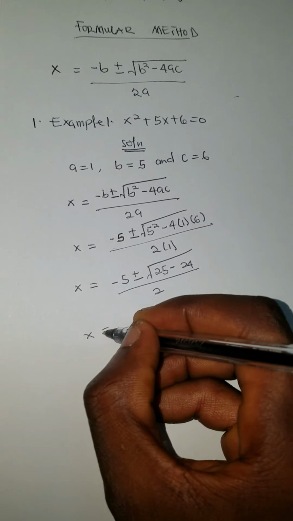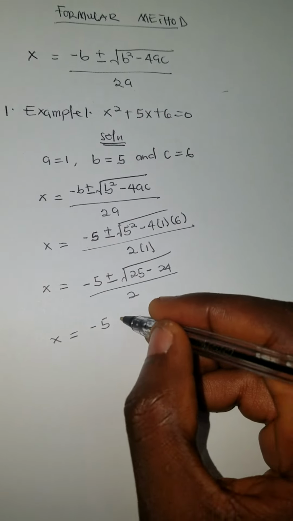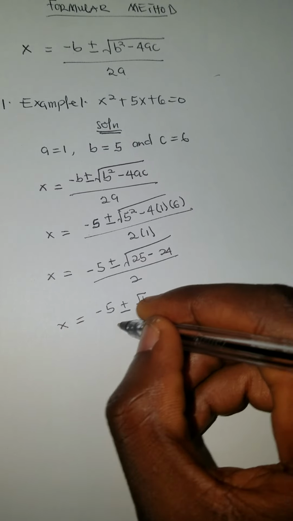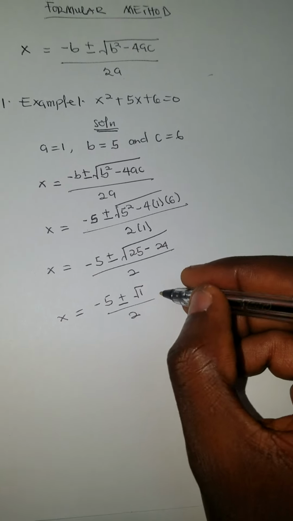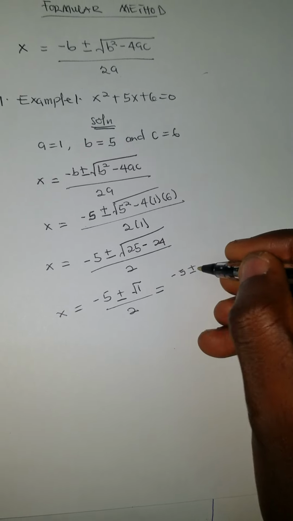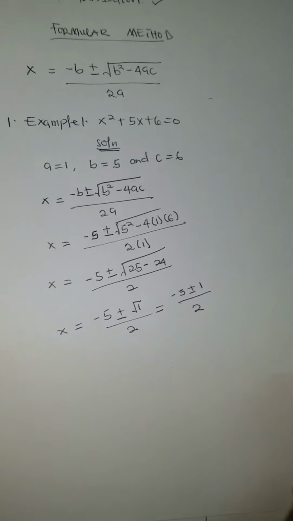So our x is equal to minus 5 plus or minus a root of 1 all over 2. And this can also be written as minus 5 plus or minus 1 all over 2.